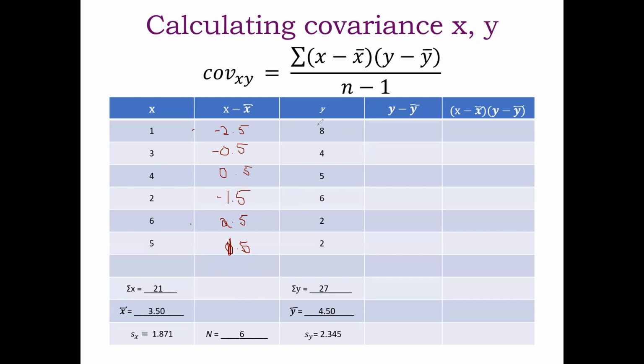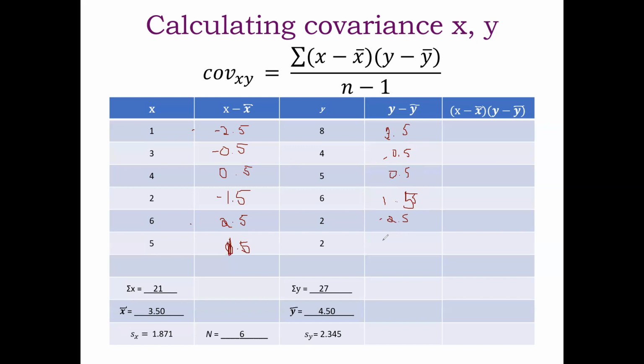Okay, so finally we do it for Y. So 8 minus 4.5 is 3.5. 4 minus 4.5 is negative 0.5. 5 minus 4.5 is 0.5. 6 minus 4.5 is 1.5. 2 minus 4.5 is negative 2.5.